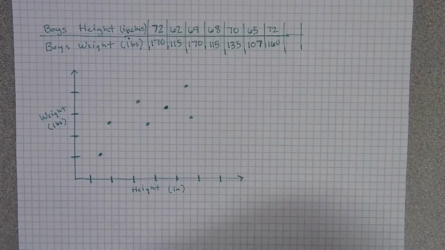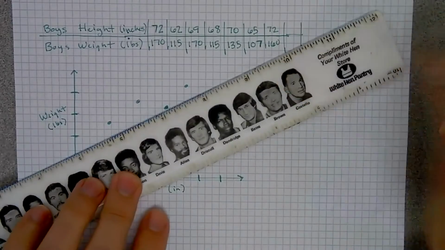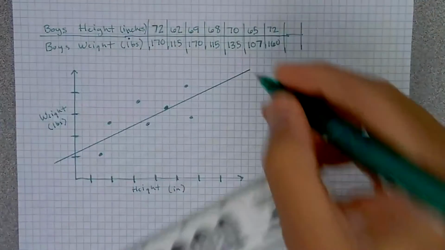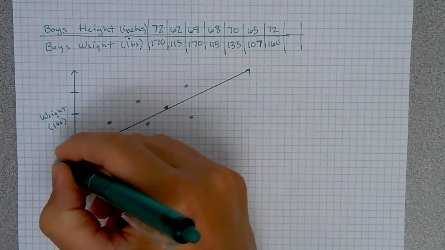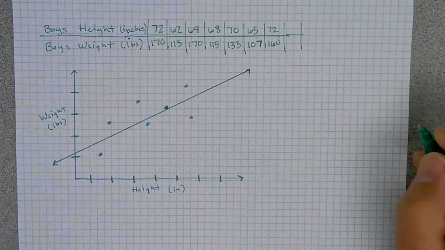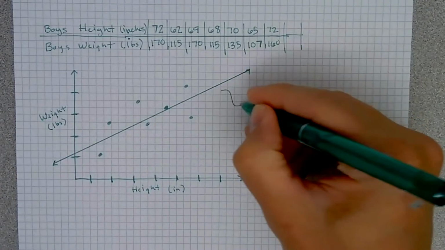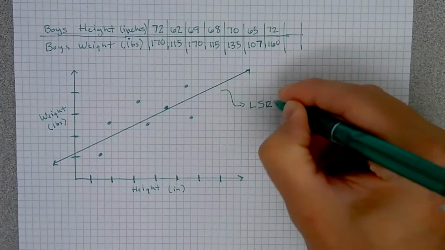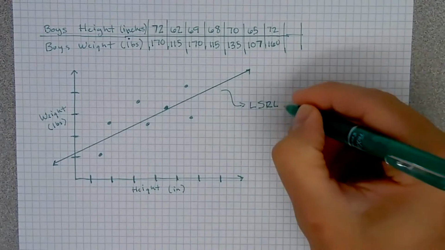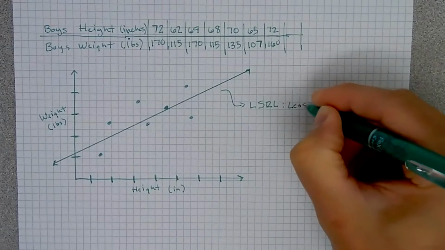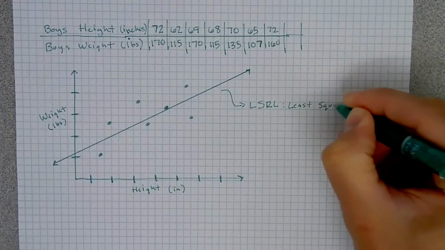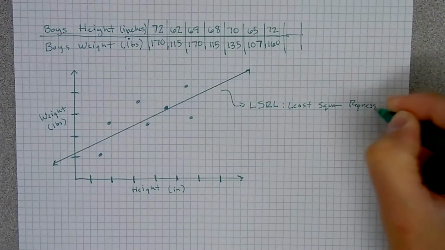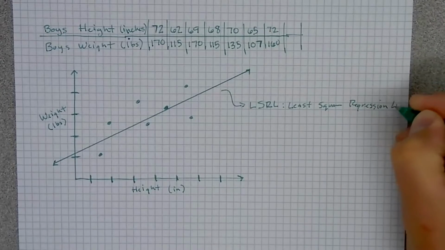So what we would do is find a line that is essentially the average of all those points. What this is called is LSRL, which stands for least squares regression line. Again, I understand this doesn't make any sense right now.